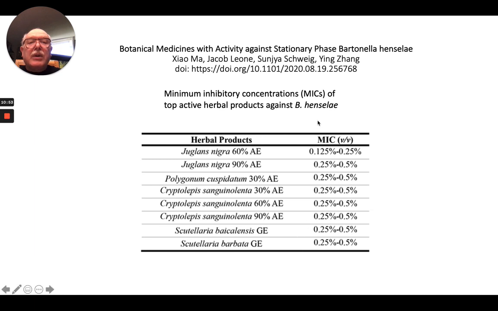As you can see, there are several herbs with very good MIC against Bartonella, including black walnut hulls, Japanese knotweed, Cryptolepis, and also Scutellaria. These are the herbs which you can use in your practice. I would caution you about using Cryptolepis because of potential side effects.